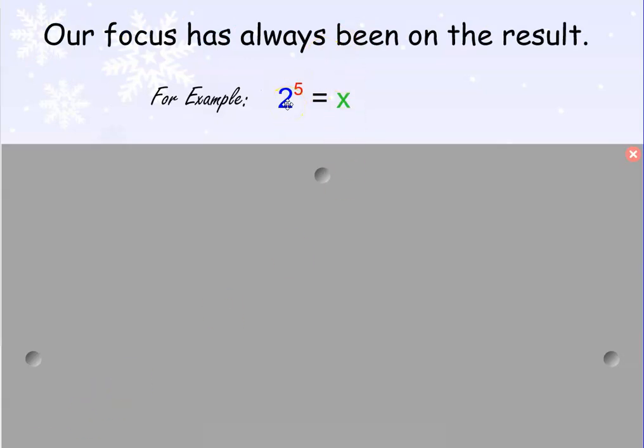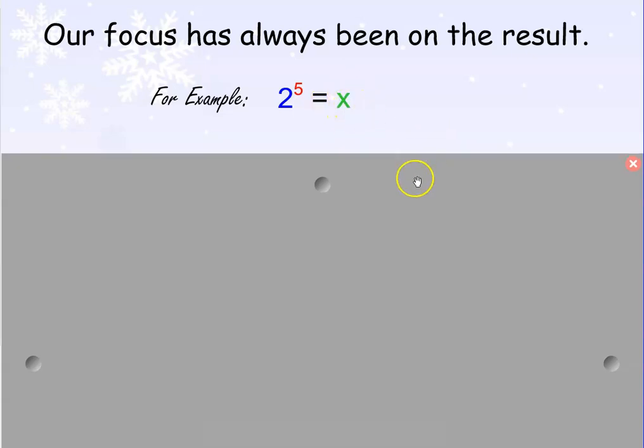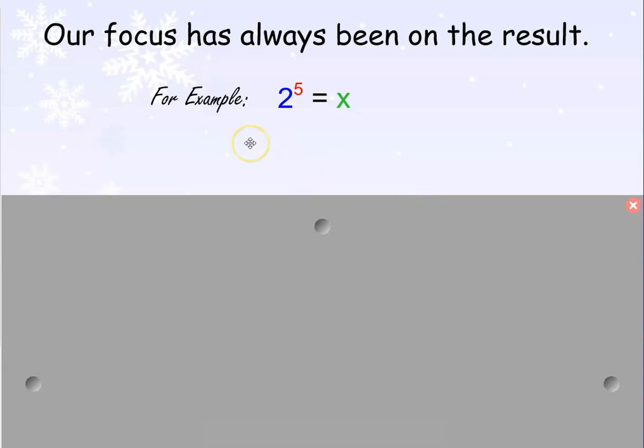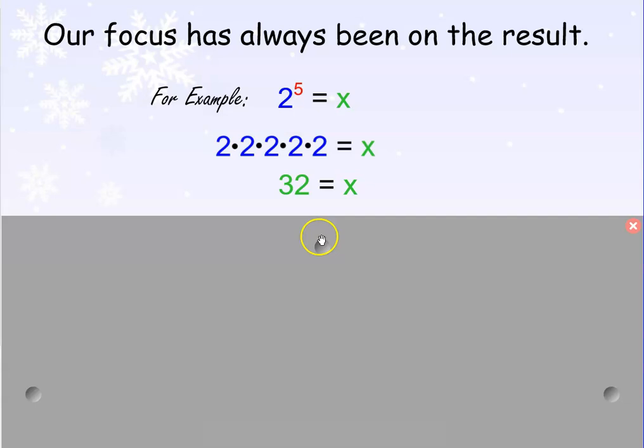When we look at this problem here, 2 to the 5th equals x, we've always focused on that end result. We've always thought, okay, 2 to the 5th means 2 times itself 5 times, and that's just 32. Again, our focus has always been on what is 2 to the 5th? What is that end result?